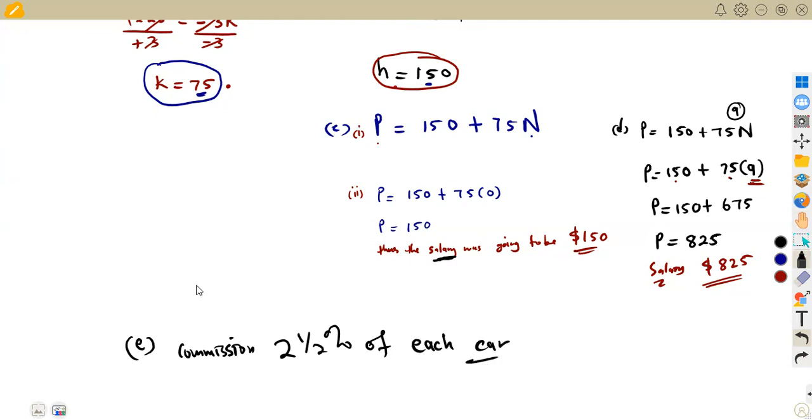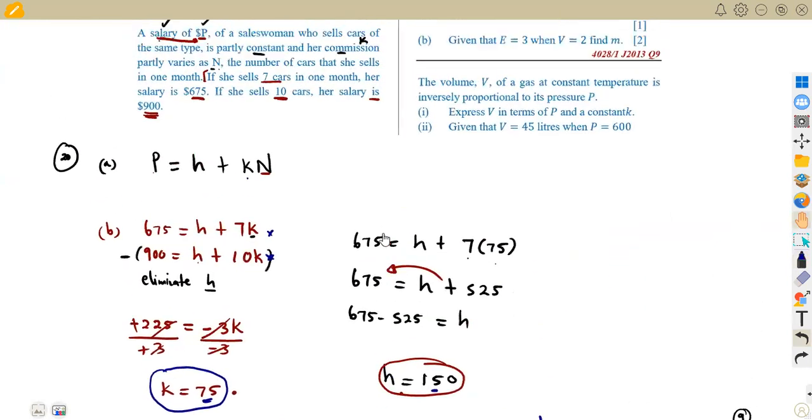Now the question is to calculate the price of the car, not the commission, because the commission we already have. You need the price of the car. So what is going to be the price of the car? Since we have the commission, why am I saying we have the commission?